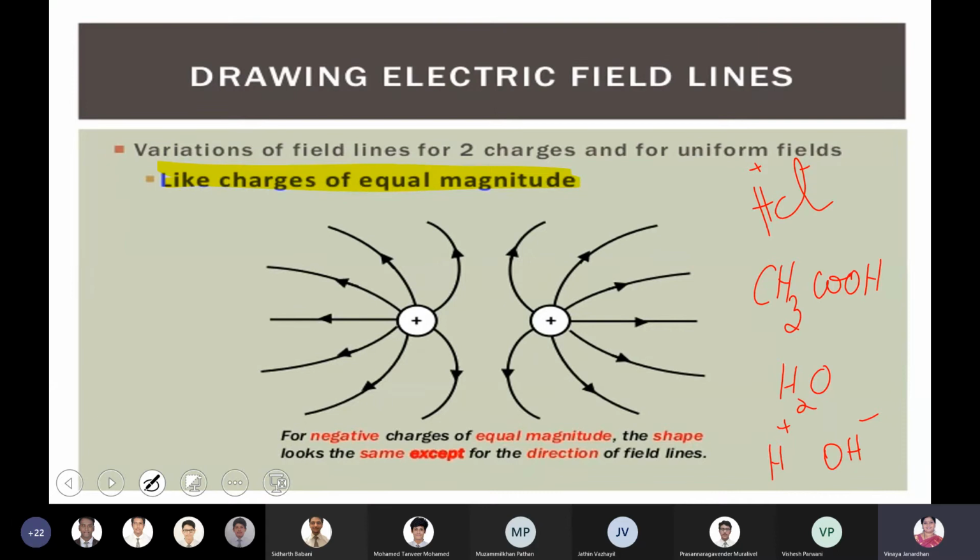Earth itself is a magnet, creating a magnetic field. If I suspend a bar magnet in it, it will experience a force and orient along the direction of the Earth's magnetic field.